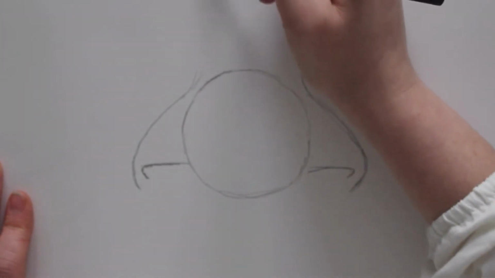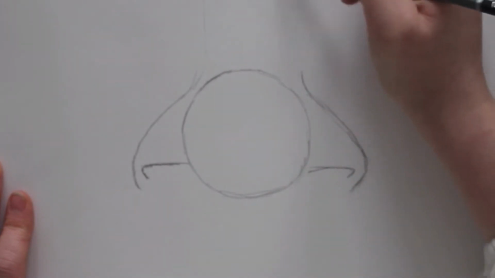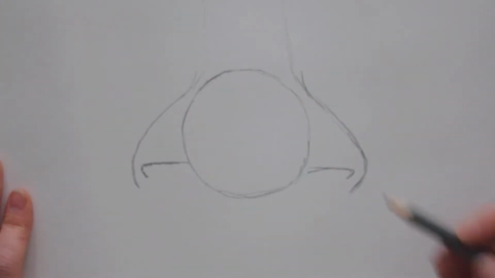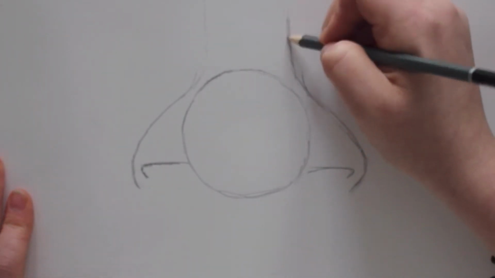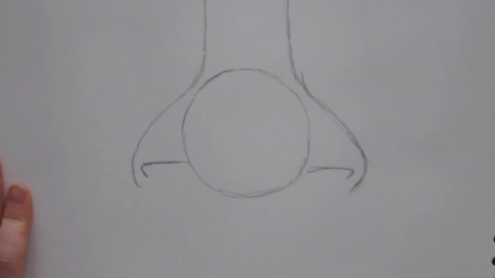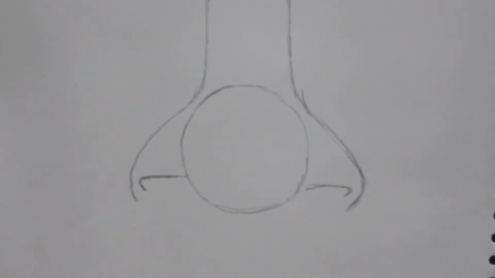And then just where the bridge of your nose is, I'm just going to roughly draw these two lines in. Remember, this is just a rough guide for now. If you want to, you can pause the video while you get up to that point.